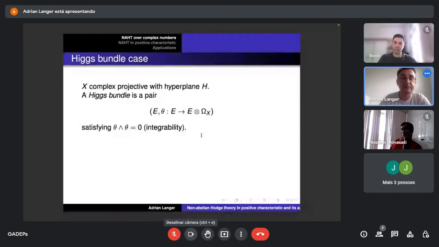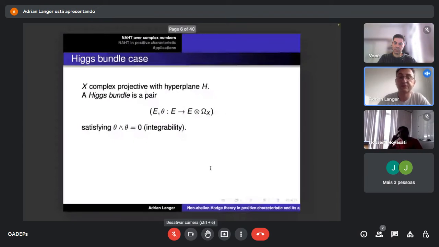That's another way of looking at this. And then one can define the notion of semi-stability in the same way as before, except that now we don't consider all subsheaves, we simply take subsheaves that are preserved by our Higgs field.